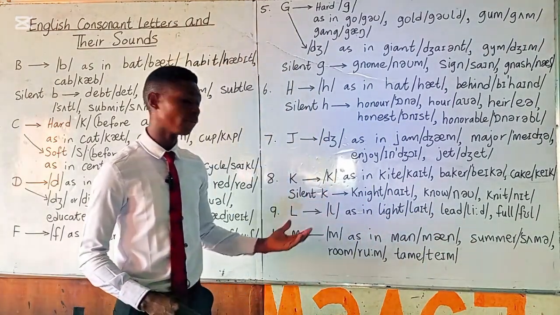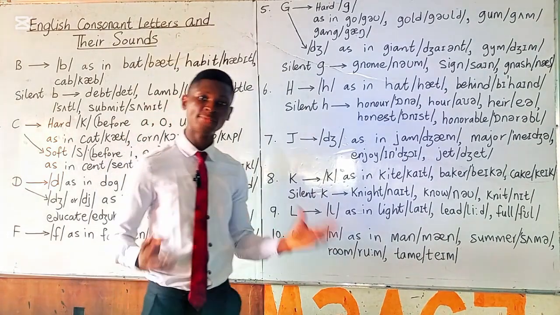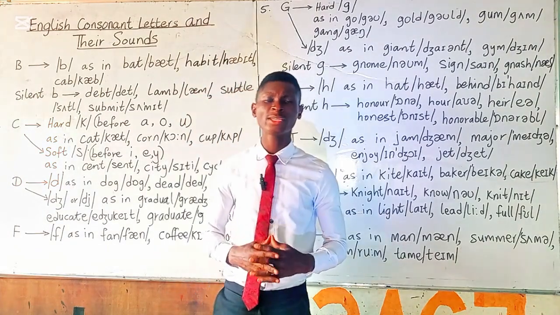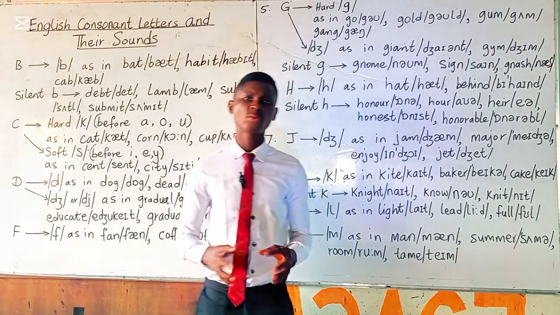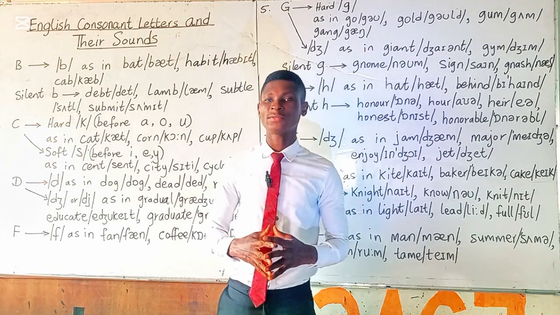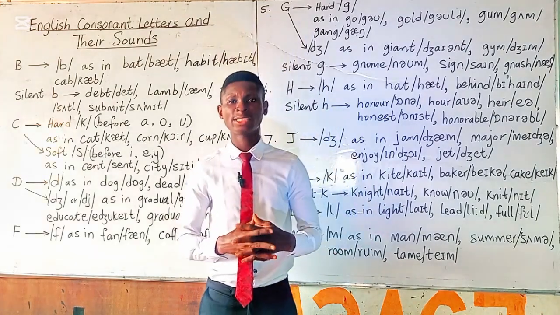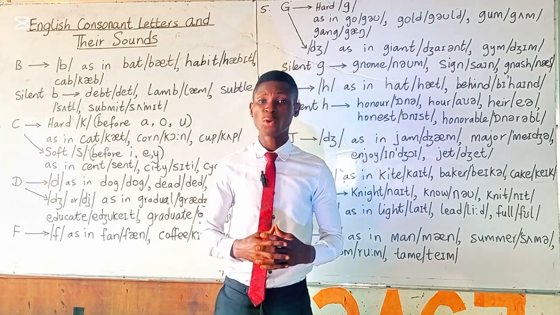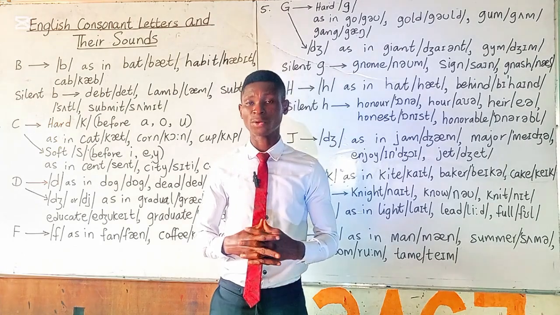So we have different words represented by the different consonant letters in English. I'll advise you, while studying the sounds of the English language, also pay apt attention to the letters of the alphabet that can represent each of them. Just like I said previously, sounds are what we hear, but letters are what we see.